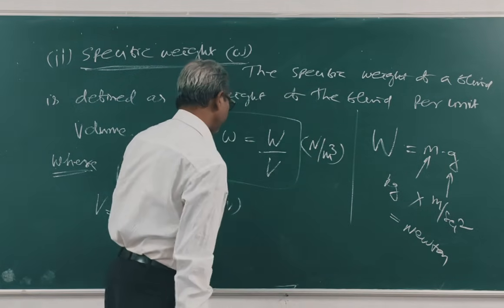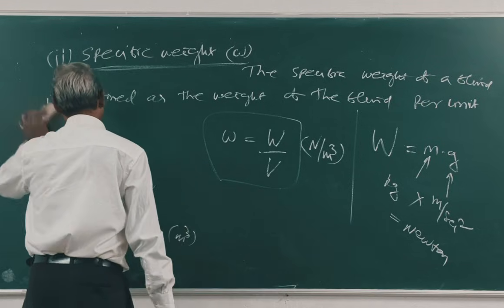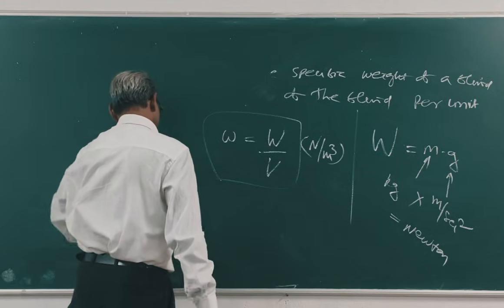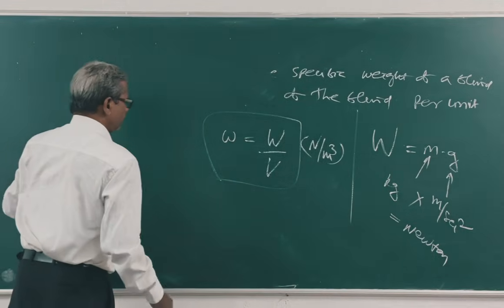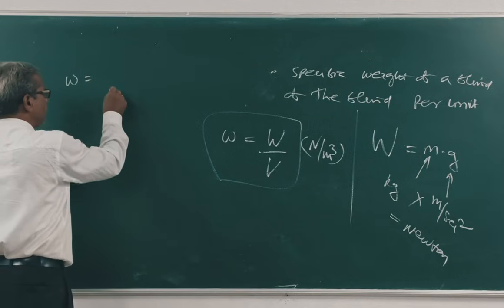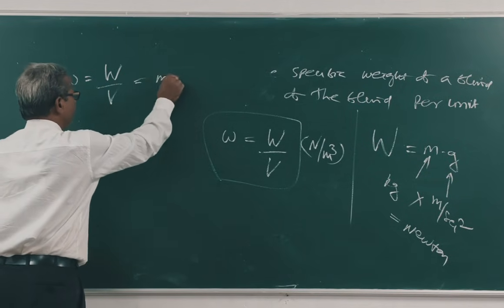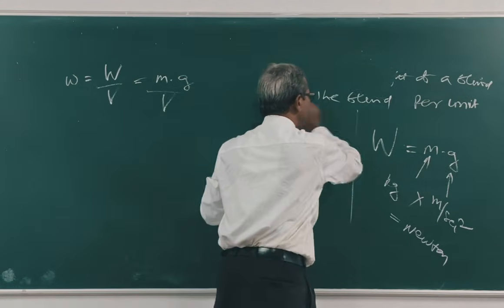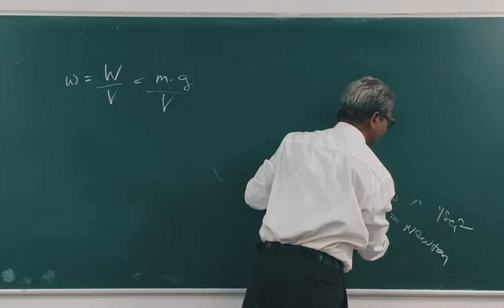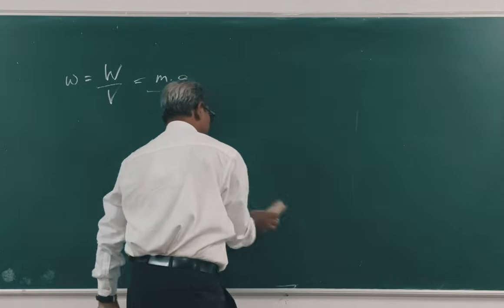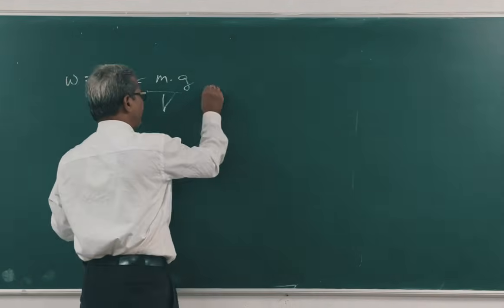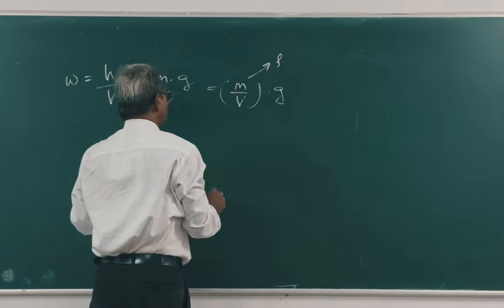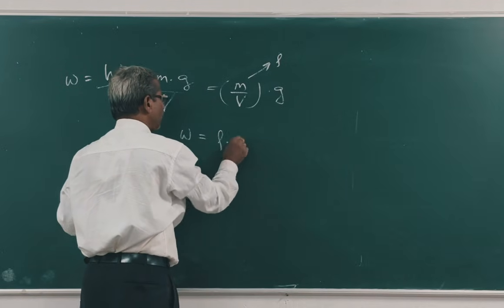So specific weight w = W/V = m into g/V. Clear? What is m by V? This is rho. So w is equal to rho into g.